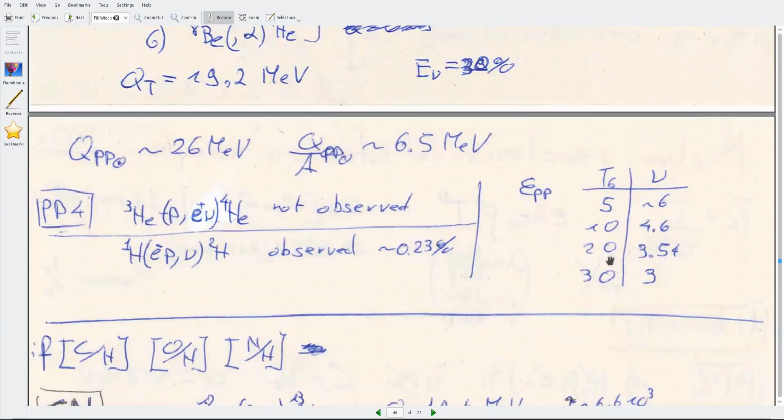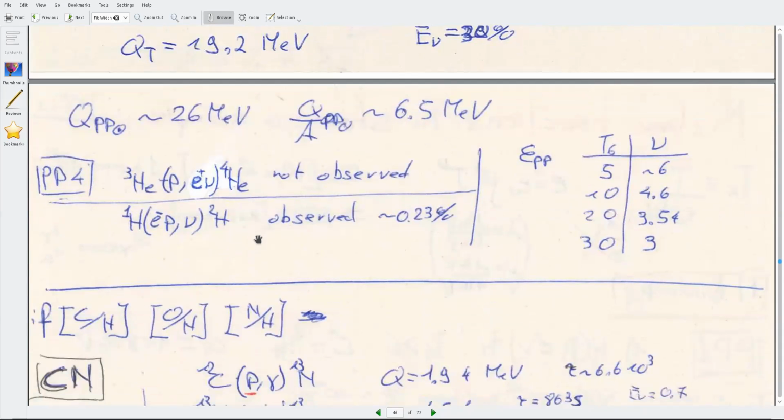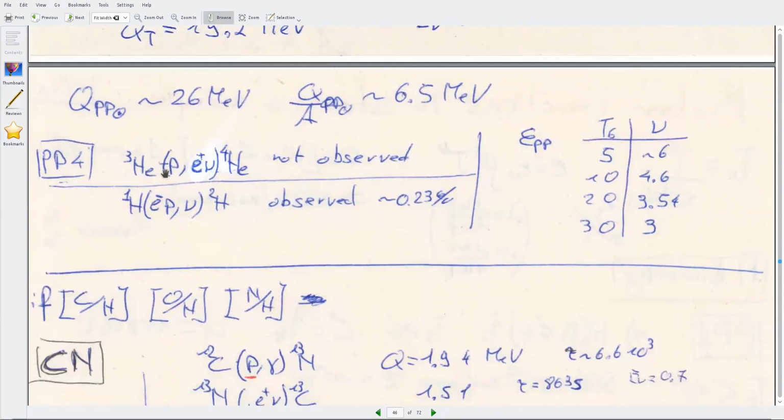The dependence on the temperature is quite high, 36, not so much. A reaction of volume 3 with the P is not observed actually, while a reaction with the 2 protons and electron producing deuterium is really small, but okay.